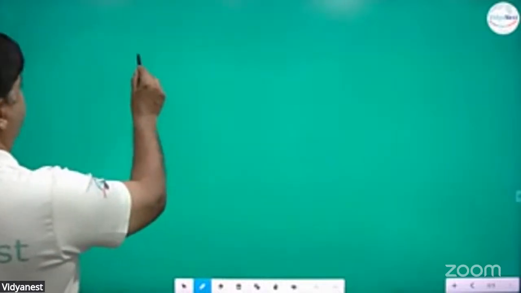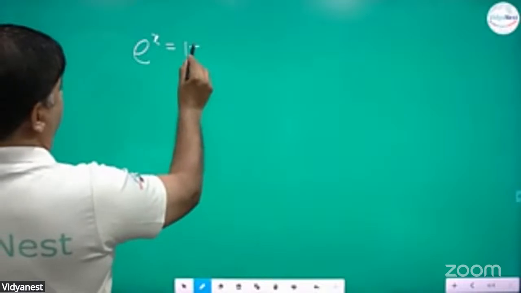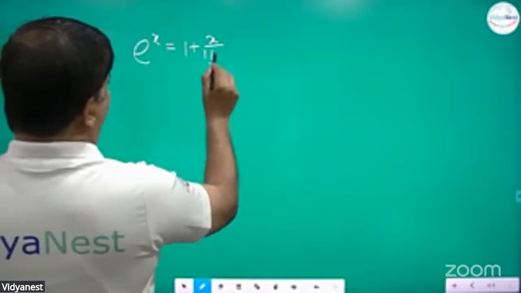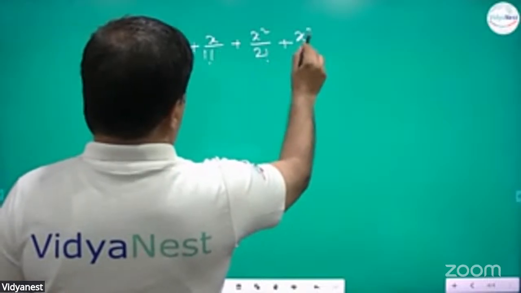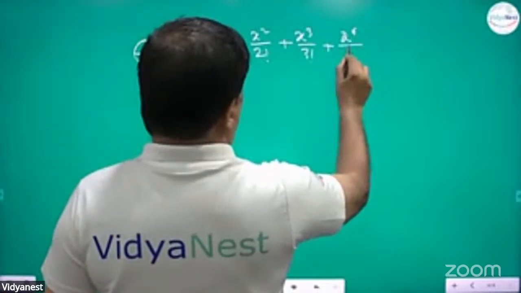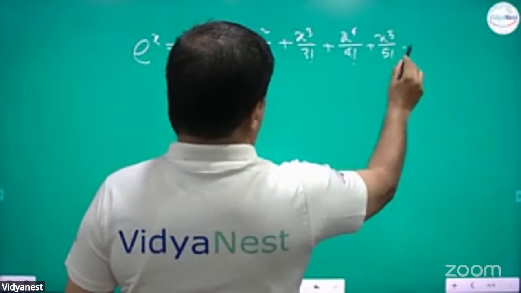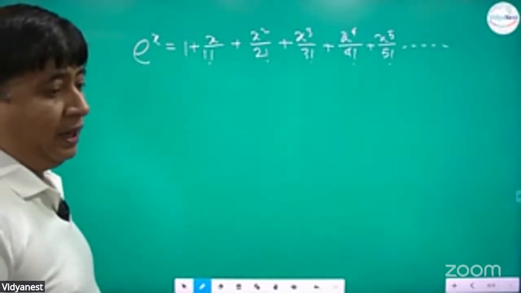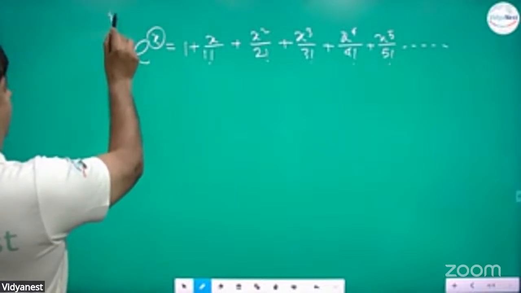So, e to the power x's value you have got, means you are now aware it is 1 plus x by factorial 1, x square by factorial 2, x cube by factorial 3, x to the power 4 by factorial 4, x to the power 5 by factorial 5, and so on. Now, I am replacing x by ix. You get it in complex numbers.